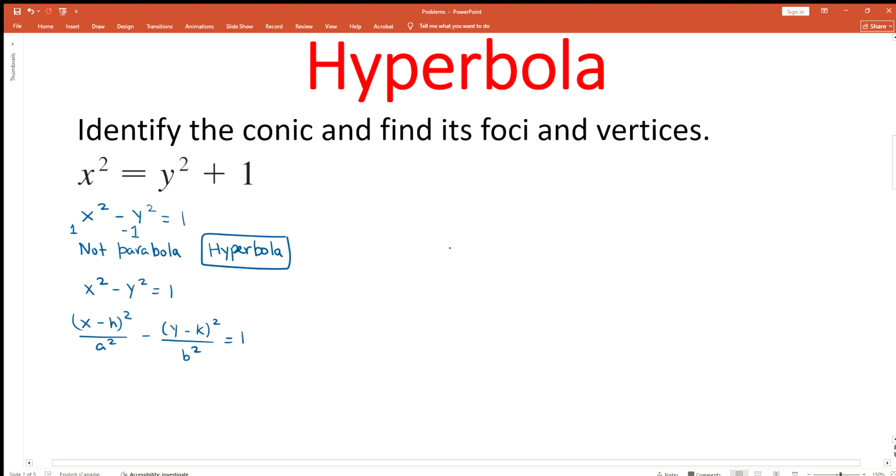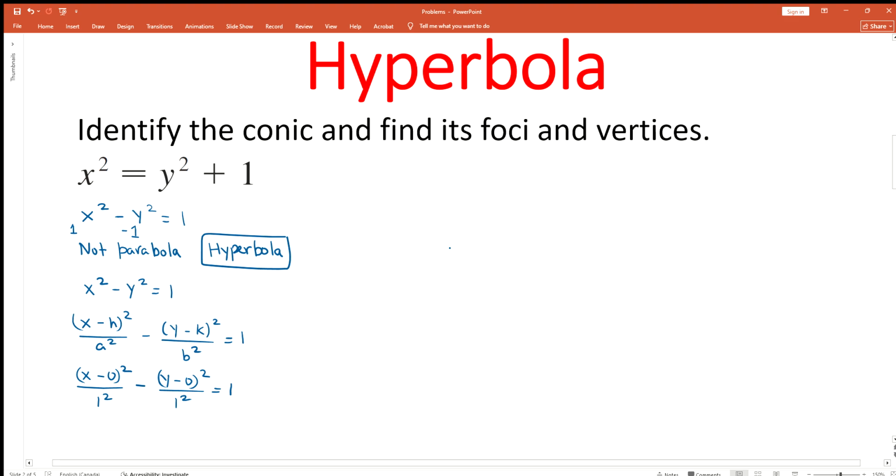We can write the given equation in standard form as x minus 0 squared over 1 squared, because x minus 0 is x and 1 squared is equal to 1 and division by 1 doesn't change anything, and then y minus 0 squared over 1 squared equals 1.